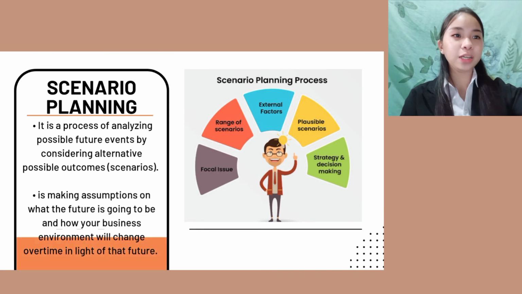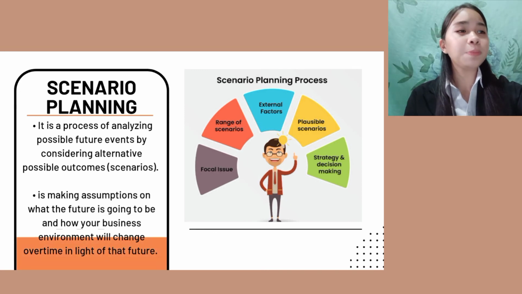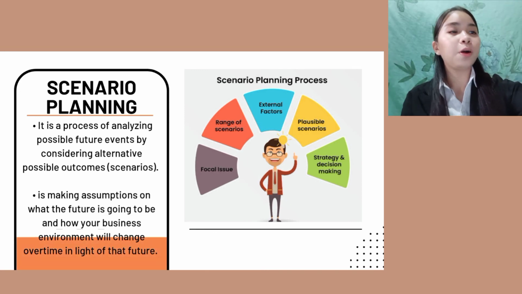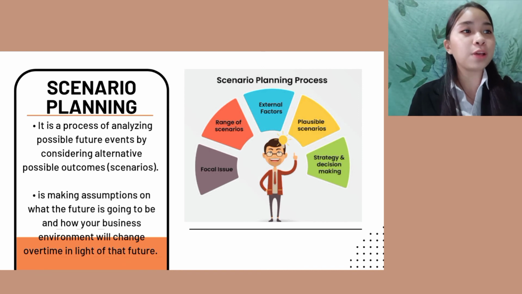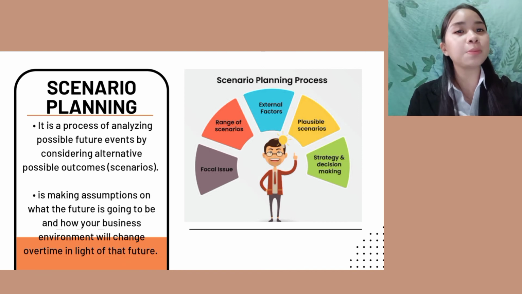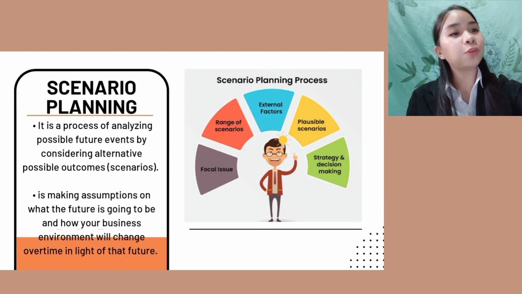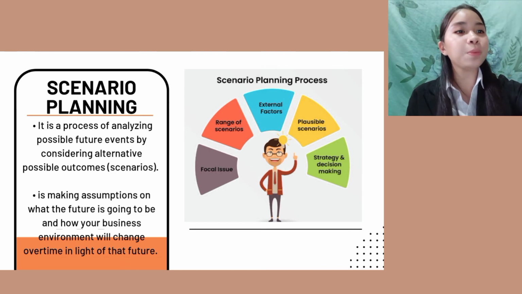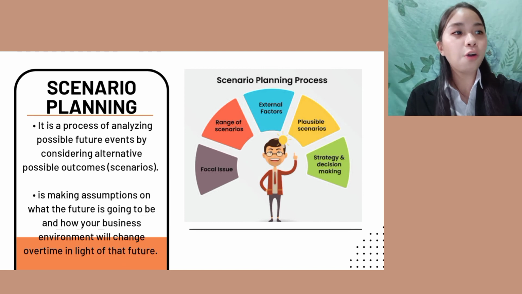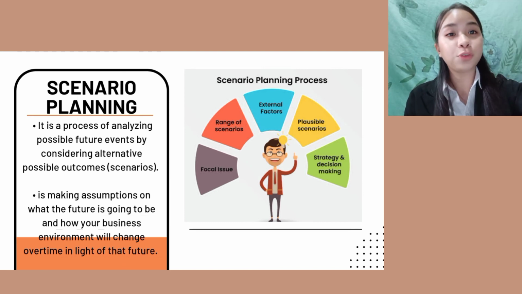So number three is scenario planning. This is a process of planning or analyzing possible future events by considering alternative possible outcomes or scenarios. It is making assumptions on what the future is going to be and how your business environment will change over time in light of the future.